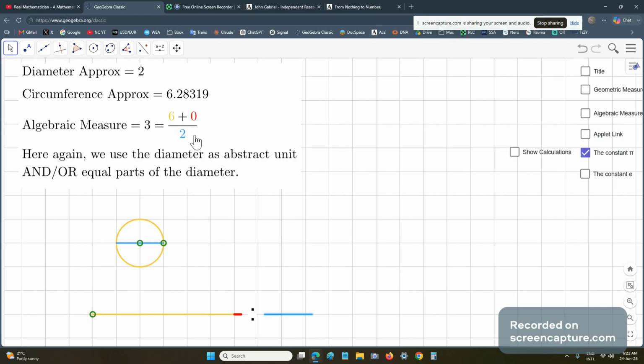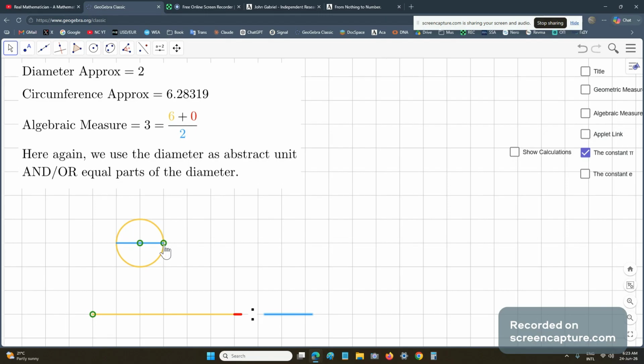This first example here is partial measure. All I'm doing is I'm saying, okay, 1, 2, 3, 4, 5, 6. So I take 6 of those, the gold part, and since this is less than 1, there's nothing to count there, so it's 0. And of course, this here is a length of 2 units long. So I say 6 divided by 2.